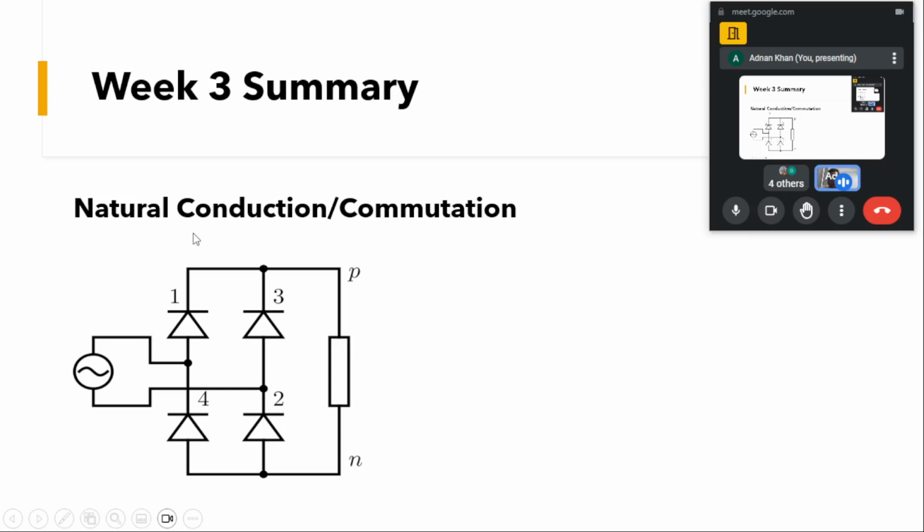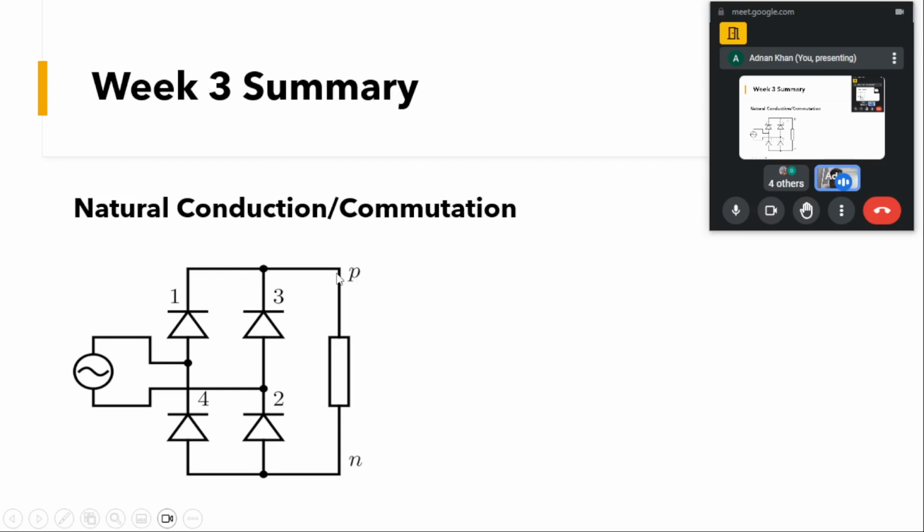We want to see how the conduction will happen from one diode to another. By commutation we mean that if one pair of diodes is conducting, how the conduction will be transferred from one device to another. That's called commutation. If you look at this topology, you can see that the cathodes of diodes 1 and 3 are connected to point P.